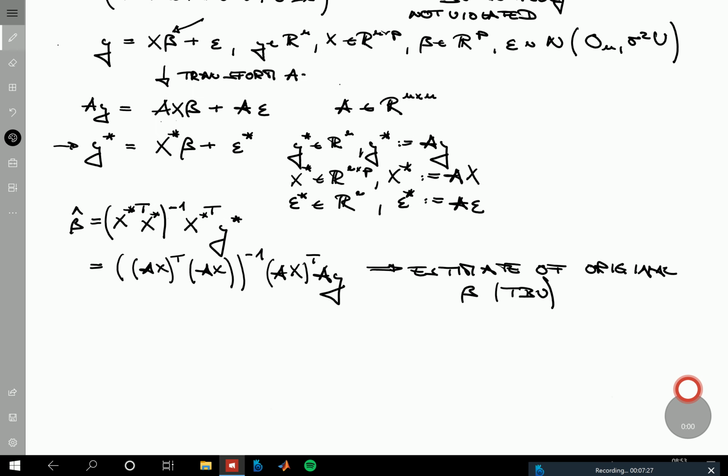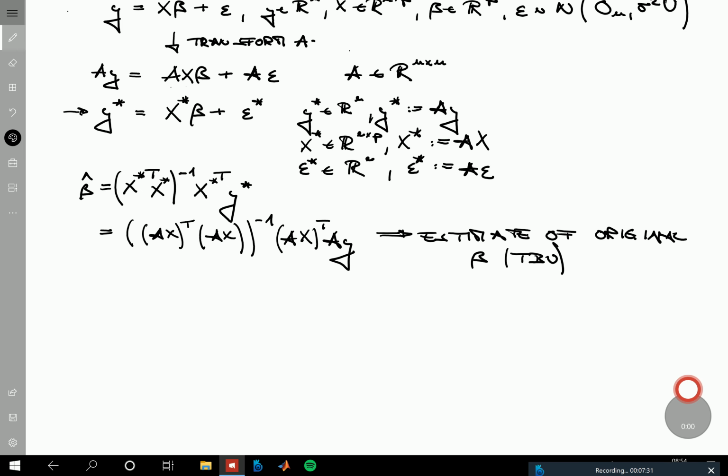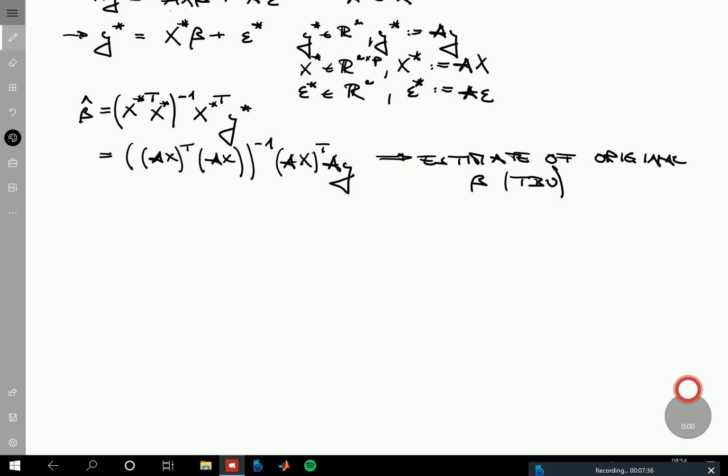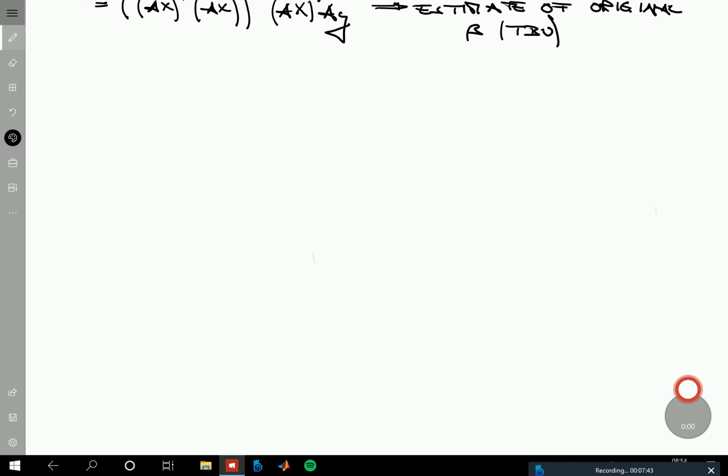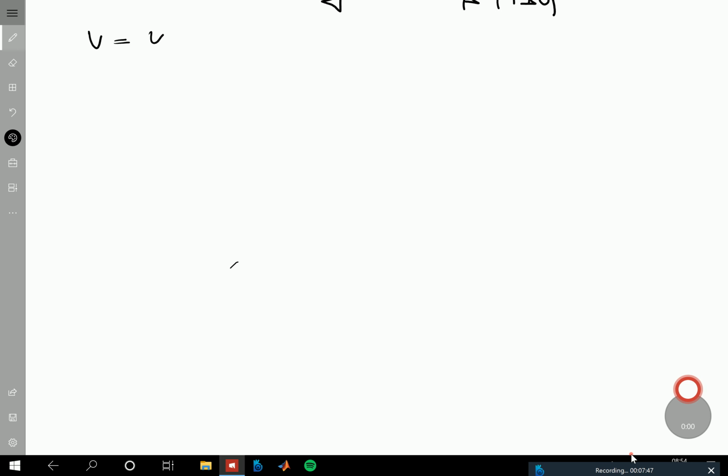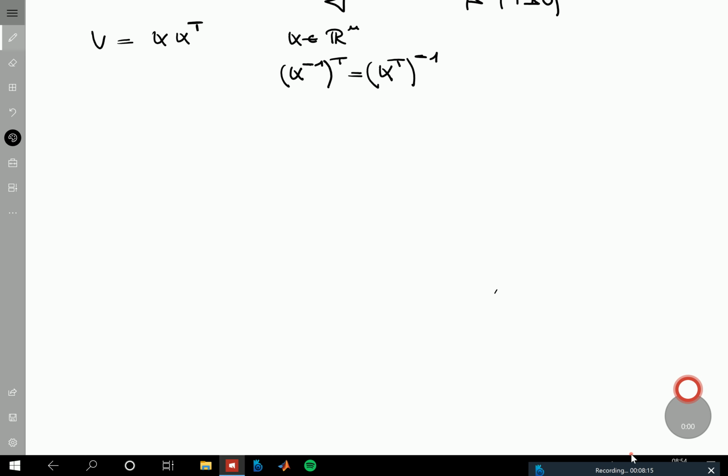And to achieve that, what one can do is to define A in such a way that it corresponds essentially to the square root of the matrix V. So to get started on this, assume that V can be written as K times K transpose for a matrix K, which is actually triangular, but we don't really need to know that much about the matrix K, except that it has the following properties: that the transpose of its inverse is the inverse of its transpose, and that we also can write the inverse of V as K inverse transpose times K inverse.